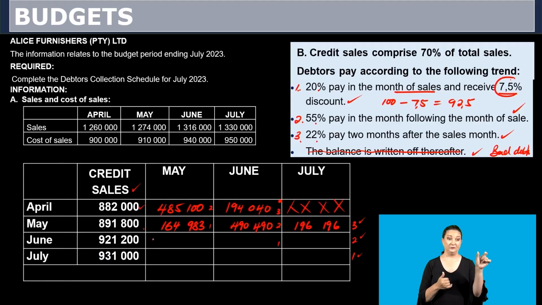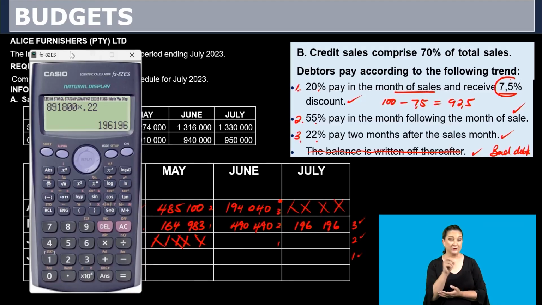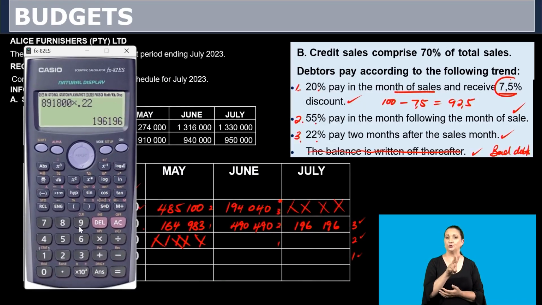When I sell in June, I will not collect in May. So there is nothing here. And then when I sell in June, I collect in June 20%. So how much were the June credit sales? 921,200.